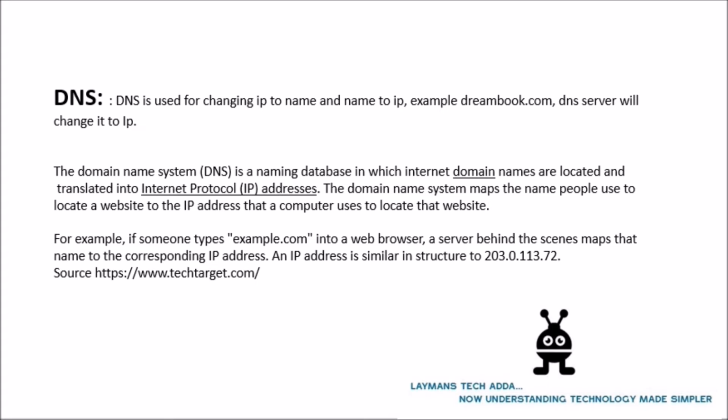For example, if someone types example.com into a browser, a server behind the scenes maps that name to the corresponding IP address. An IP address is similar to the structure you can see on the screen.